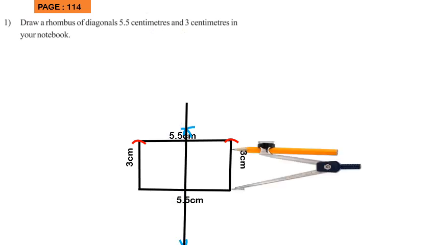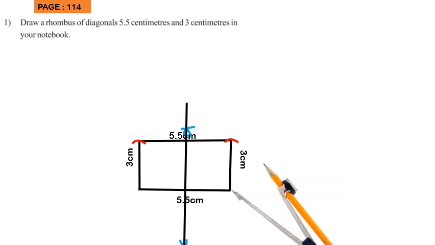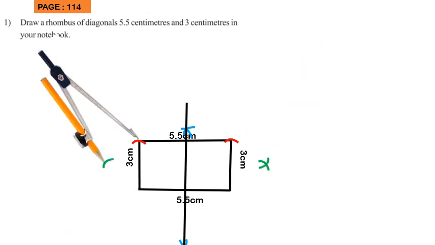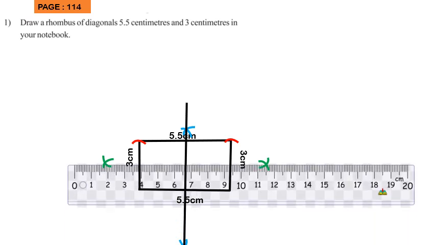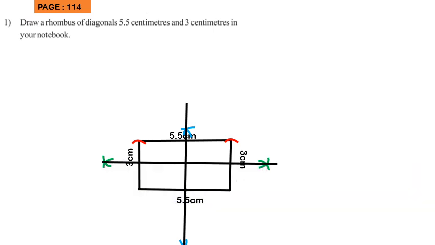Again, take 3/4 of the breadth in a compass and draw arcs from both ends of the vertical lines like this. Now we get two intersecting points. Use a ruler and join these two intersecting points.